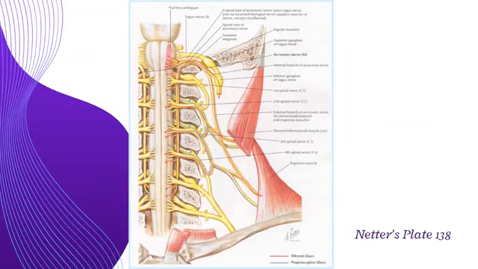So next, let's talk about the accessory nerve. The accessory nerve, or cranial nerve 11, is going to be formed by the union of two roots. We will actually see the cranial root of the accessory nerve.